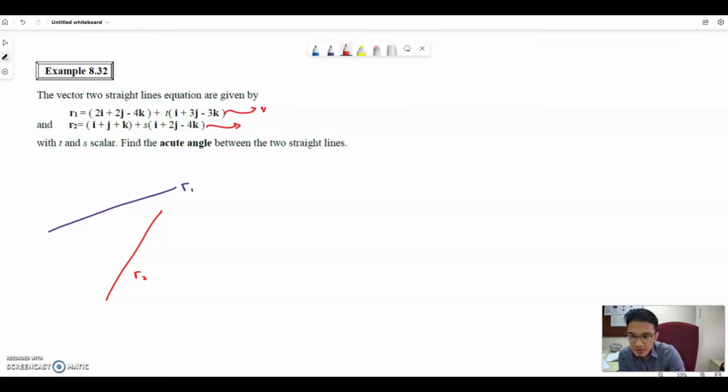This is the V for each of R1 and R2. The question wants us to find the acute angle between the two straight lines. Let's say these two lines intersect like this, this is R2 and this is R1. The acute angle will represent the angle that is always the smallest in between them. So this is the one that we are going to find.